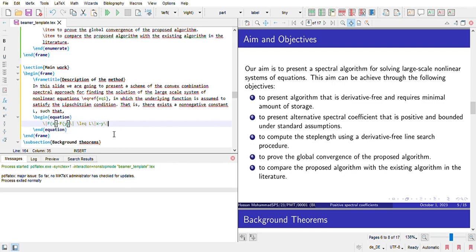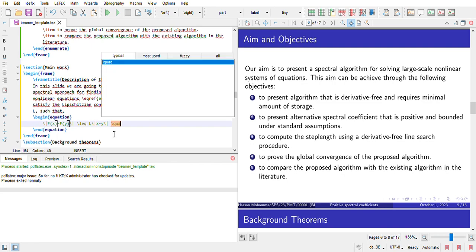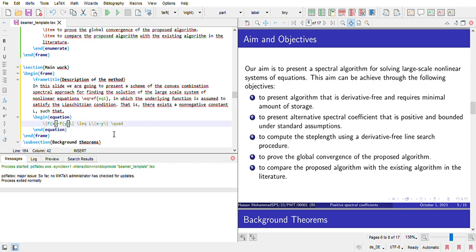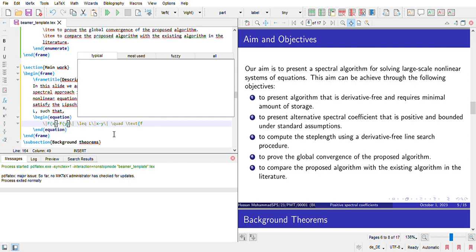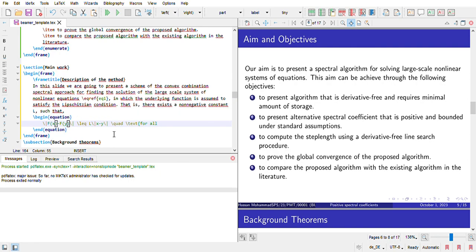So this one now is text, but we want it in line with the equation, so we can use quad and then put it in a text: for all. Then we put a tilde there and close the bracket.